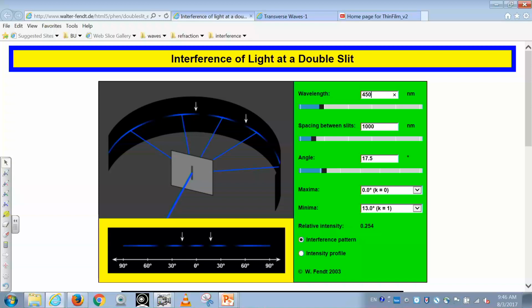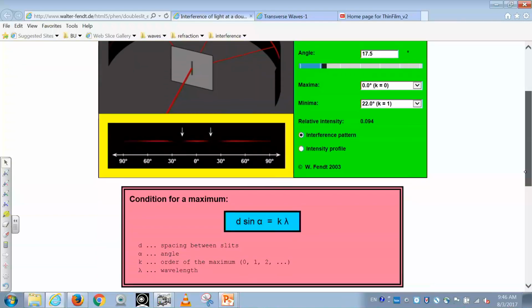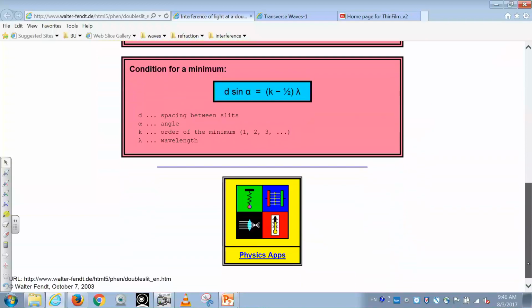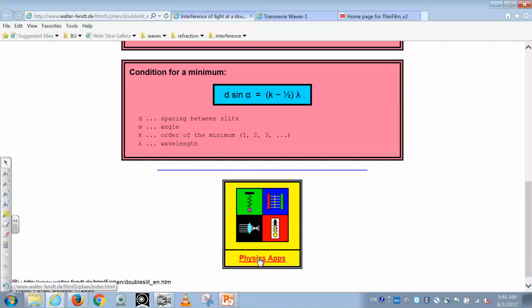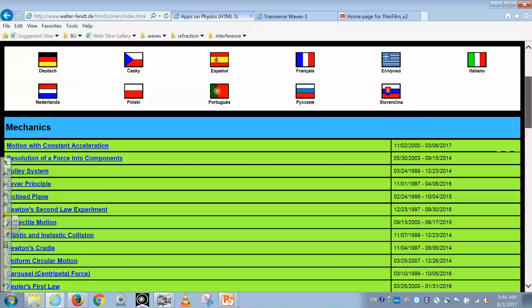I'm getting shorter. I need longer. Blue, red will be like 750. Oh, yeah. Oh, that's a double slit. Oh, where is my single slit? Okay. If you want, we can find it. It's supposed to be somewhere here.